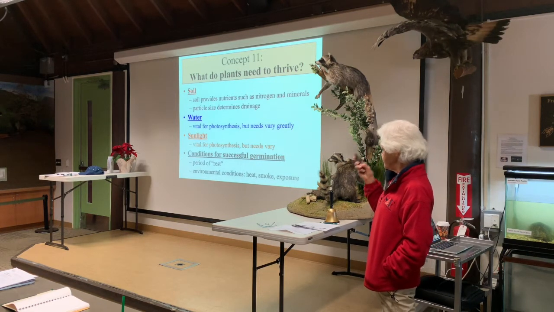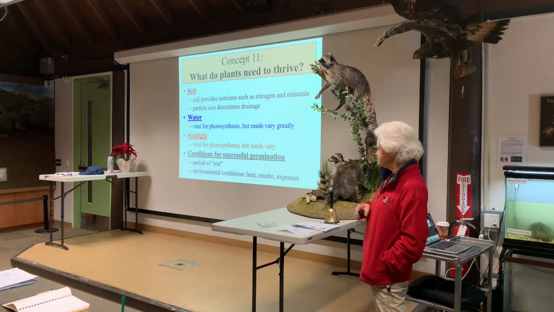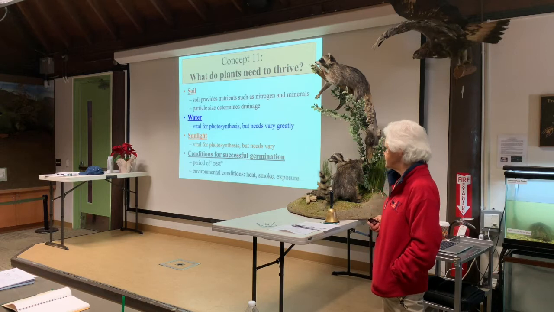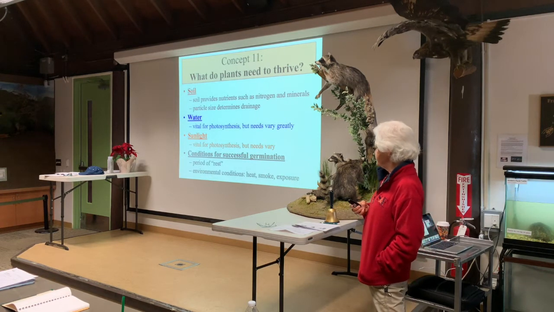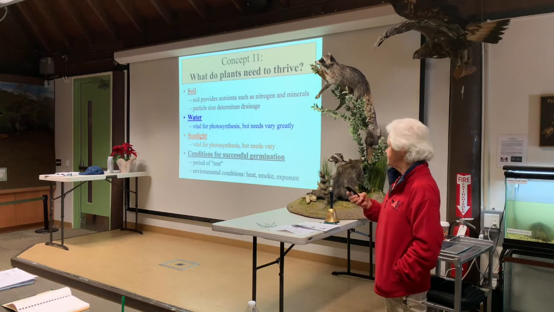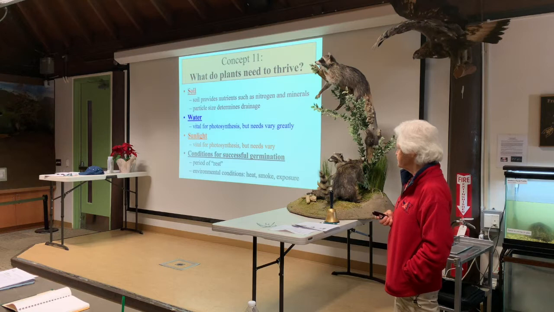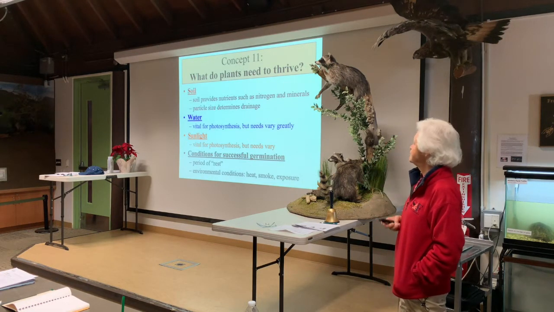And these other three, soil, water, and sunlight, also vary from plant to plant, how much of each or what kind of nutrients and when the water is coming and how much sunlight they need. So it varies greatly, but they all need some of that.